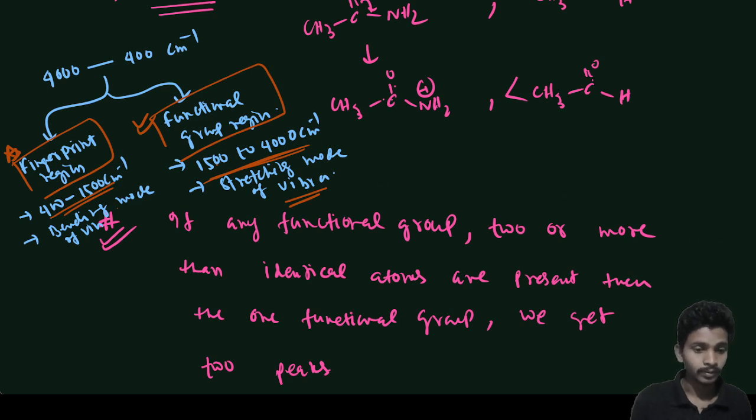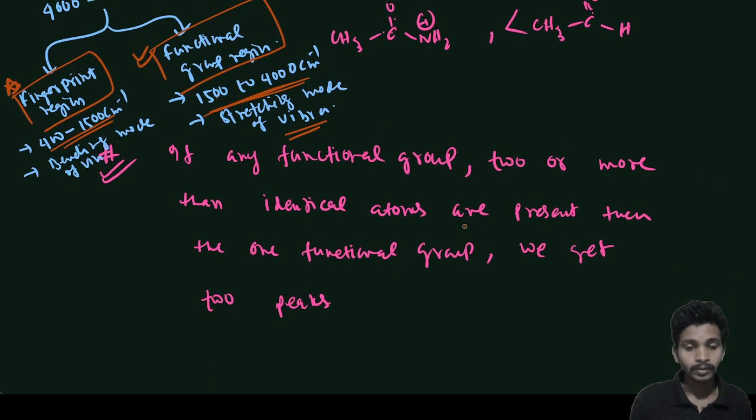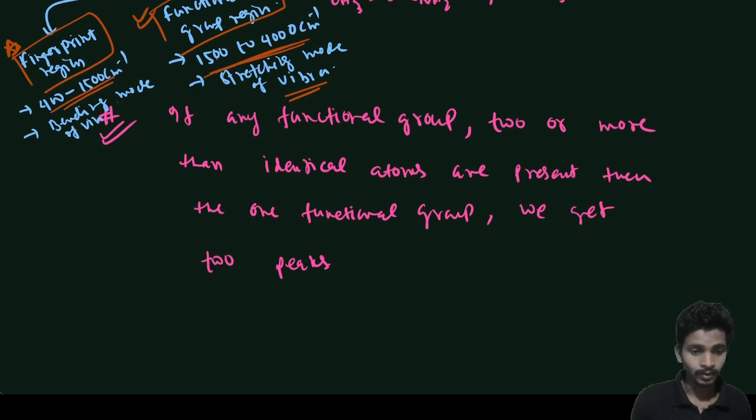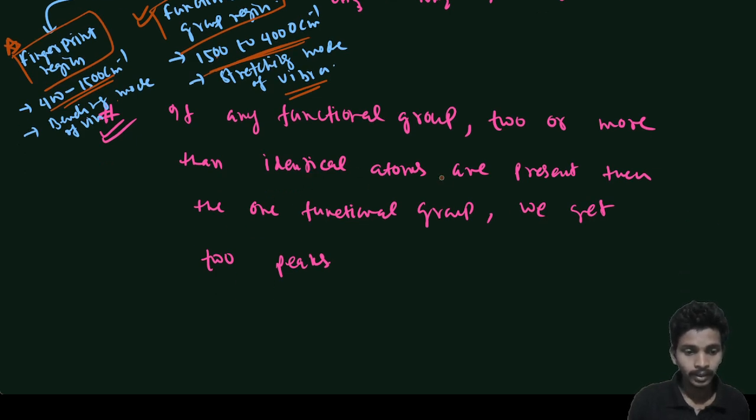Okay, so if any functional group has two or more identical atoms, in that case the functional group will give two peaks, not one peak. Let's say we have groups like CH3 COH. It will give only this aldehyde carbonyl functional group, so one peak it will give.